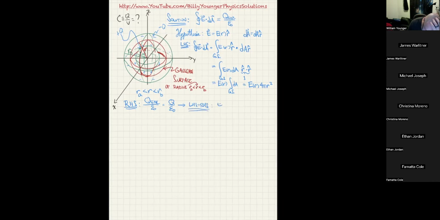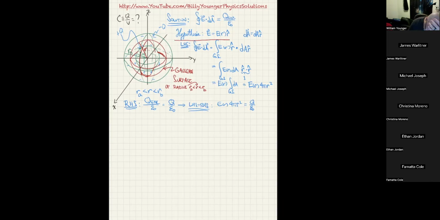So the left-hand side equals the right-hand side. That gives us E of r times 4 pi r squared is equal to Q over epsilon naught. Now we can easily solve for E of r, and then go back to our hypothesis and use that E of r to say what our actual electric field is.